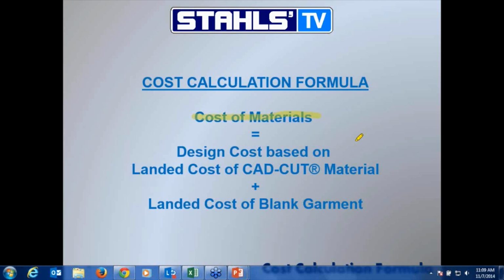So it's our actual cost of material that we're looking for that went into making that transfer, or those 12 transfers, or however many you cut out of your specific roll of CAD-CUT material.